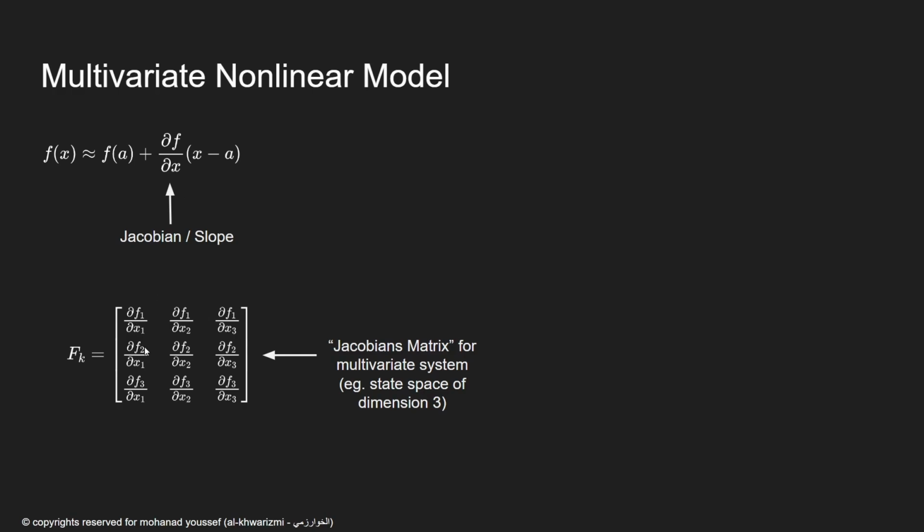So f1, f2, and f3 here is because we have 3 elements in the state vector. So we have 3 equations in the F model. Each equation maps or updates a certain element in the state vector. So f1 for updating the element x1, f2 for updating the element x2, f3 is for updating the element x3, and so on.